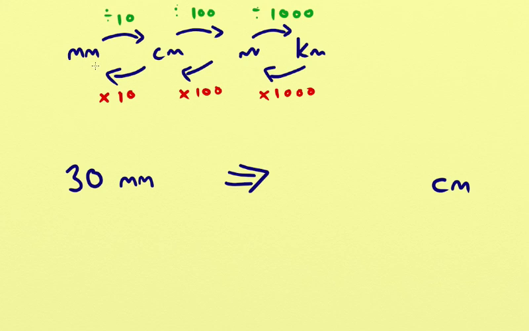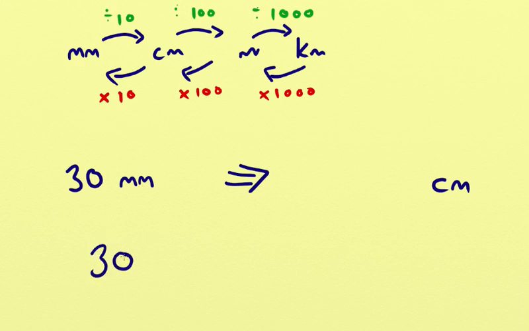We've got millimetres, so we start just here with the millimetres. Now we want to get to centimetres, so we look at the little arrow pointing from millimetres to centimetres and see what the instruction is. To get from millimetres to centimetres, we divide the number by 10.